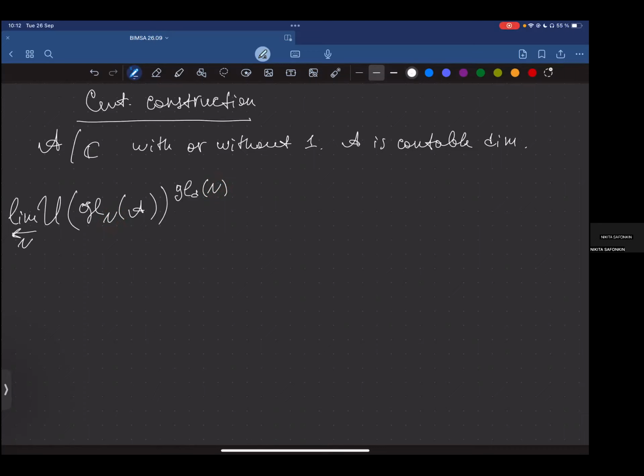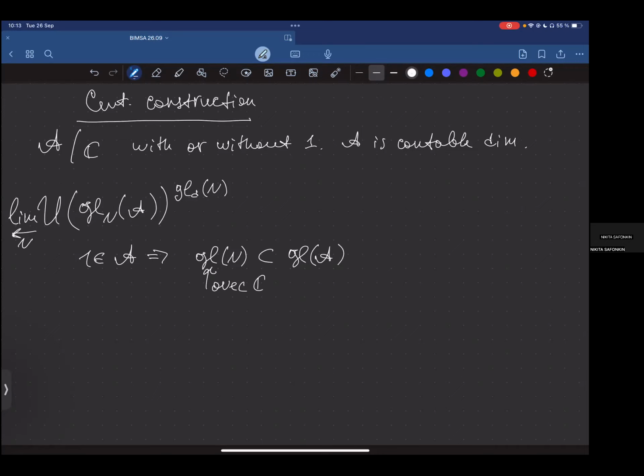So let me explain this step by step. Suppose first that A is unital. Then GL_N over C, over the complex numbers, is embedded into this GL_N of A, just because A contains 1.